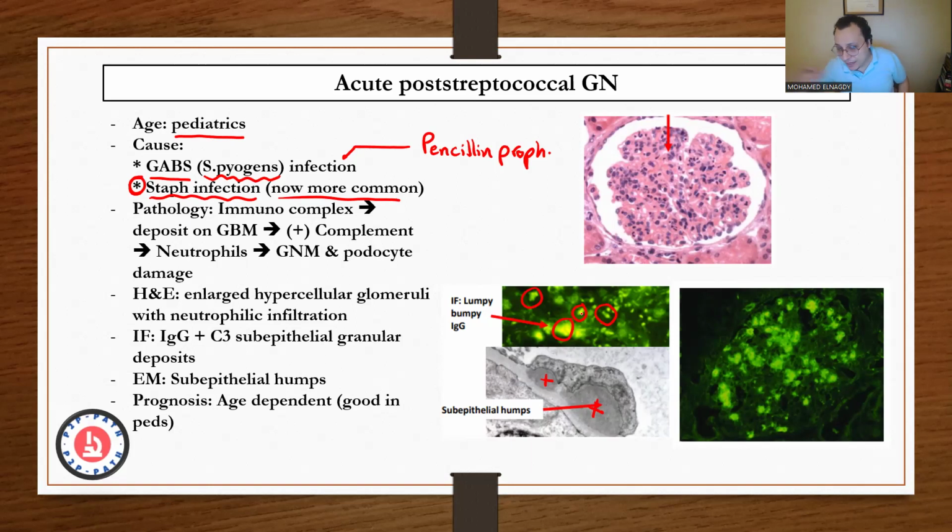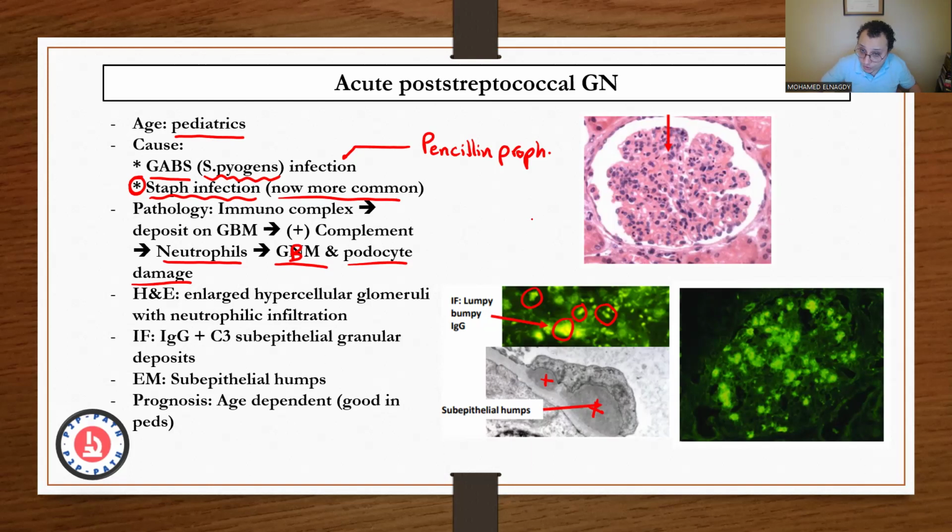This is subepithelial deposits of immune complex. Wherever the immune complex deposits, this leads to activation of complement 3. Once complement 3 gets activated, it recruits the neutrophils, and this leads to glomerular basement membrane and podocytic damage, and neutrophilic infiltration and acute inflammation.